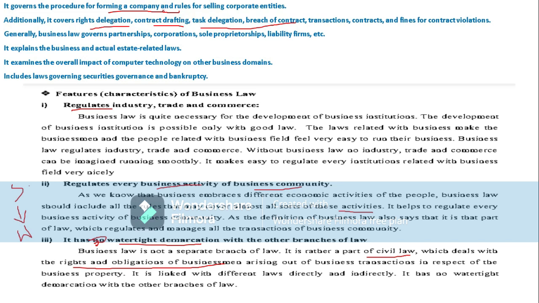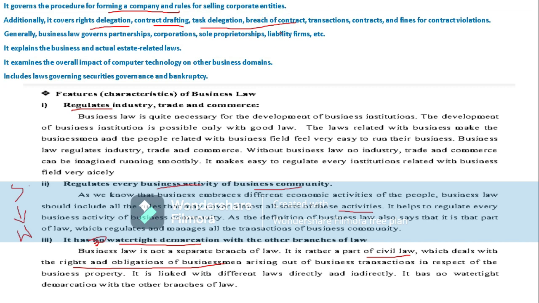Likewise, contract drafting, okay, while entering into an agreement, how to draft an agreement. That is also under business law. Likewise, task delegation, and if at all there is any breach of contract, meaning when the other party does not fulfil the agreement, or does not comply according to the agreement, then it is considered a breach of contract.